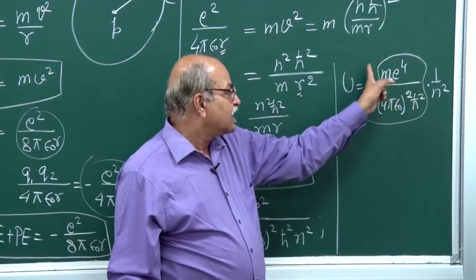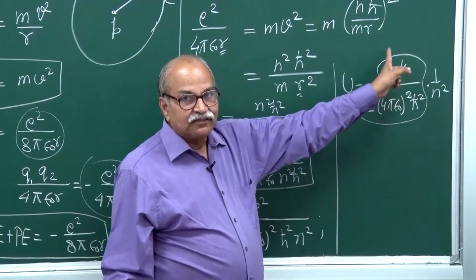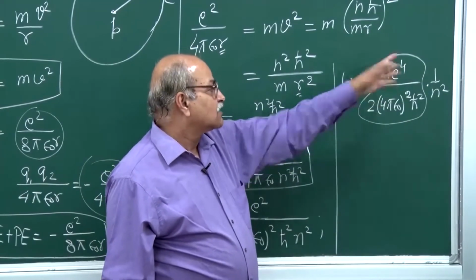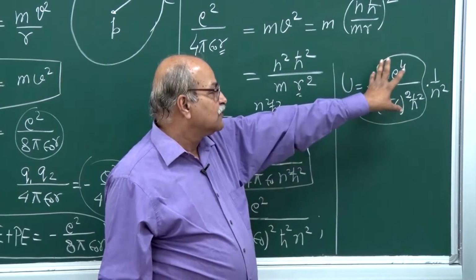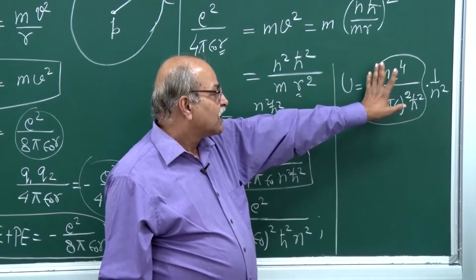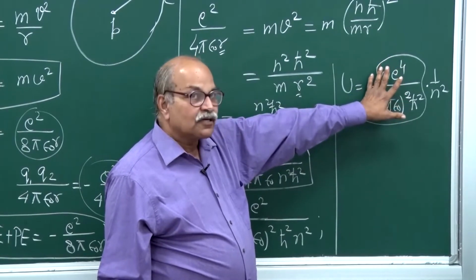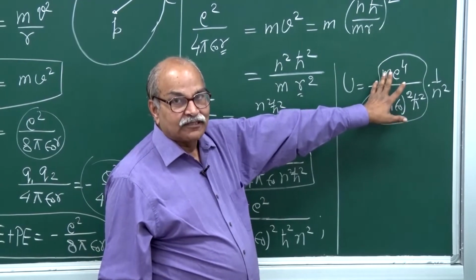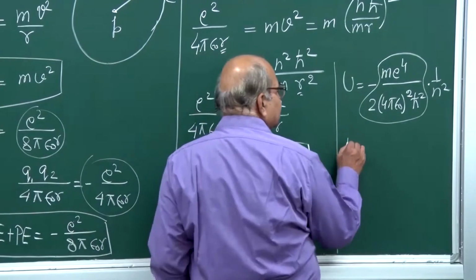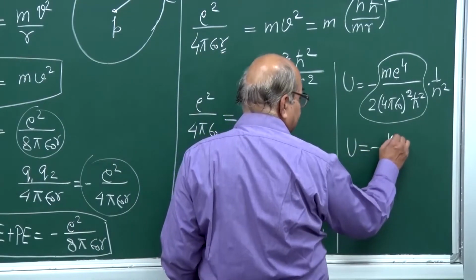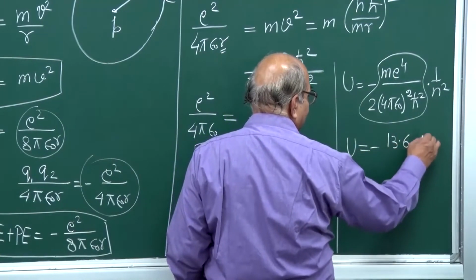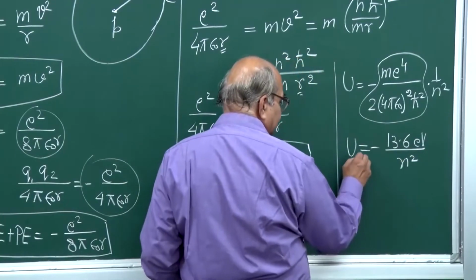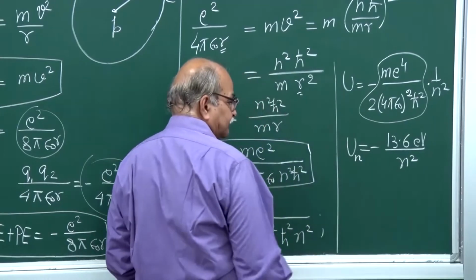So this has a particular value, and if we put in all those values and calculate, it turns out to be almost 13.6 electron volt. So the energy is minus 13.6 electron volt divided by n square. So you can say this is Un.